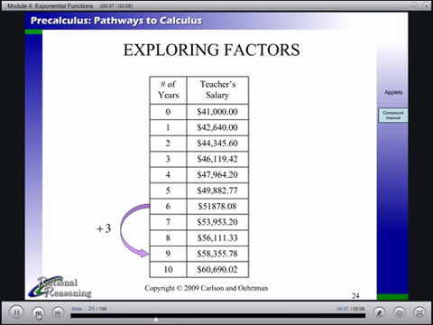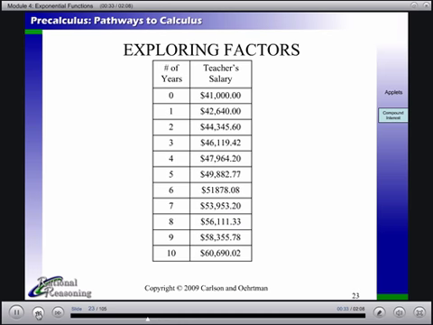So let me just give you some practice here. I want you to find the 8-year growth factor.